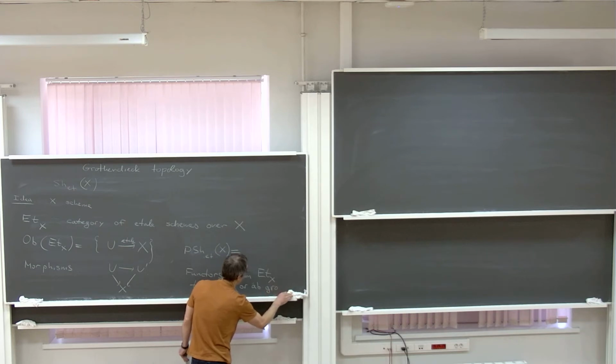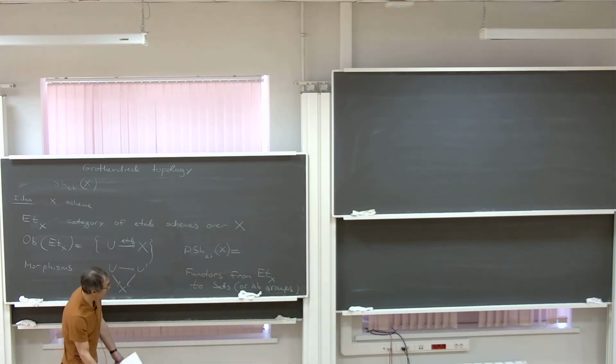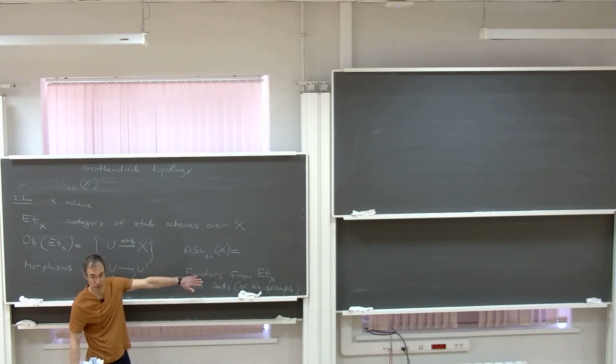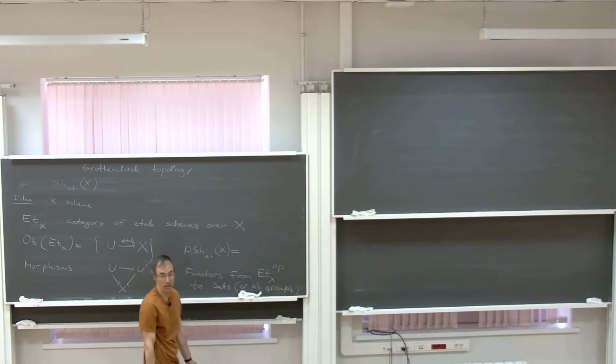So we can talk about presheaves of sets or presheaves of abelian groups. I'm looking at contravariant functors, so I better put the opposite category here. Functors for me will always be covariant.